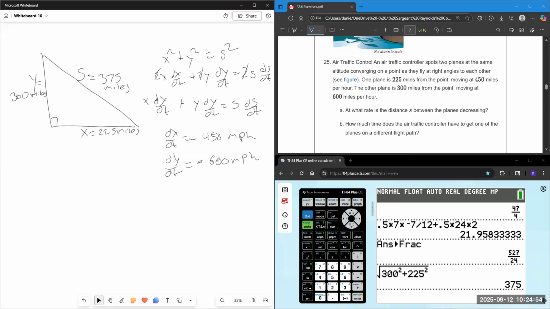So then we have ds/dt that we want to find. How fast are the planes closing on each other? Is this distance closing?